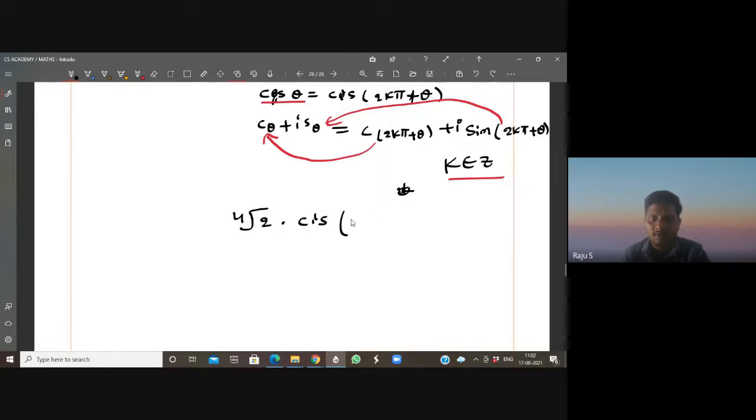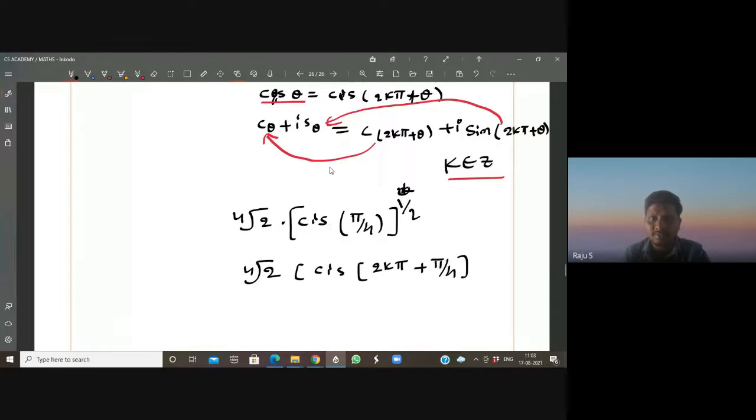I want to write cis pi by 4, the whole square root, that is whole power 1 by 2. Is it okay? Pi by 8. When I multiply these two, pi by 4 into n, that is 1 by 2, gives pi by 8. So now I want to apply that property of cis. Now the general solution: 2k pi plus pi by 4. Shall I write like this?